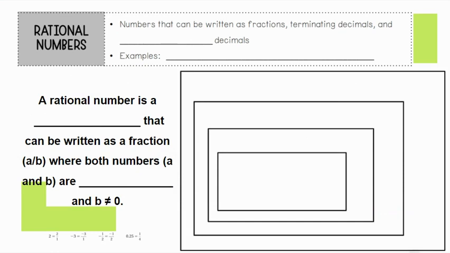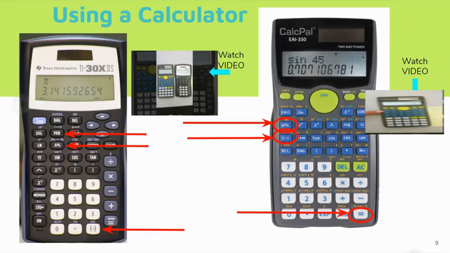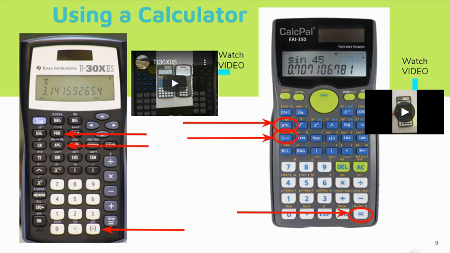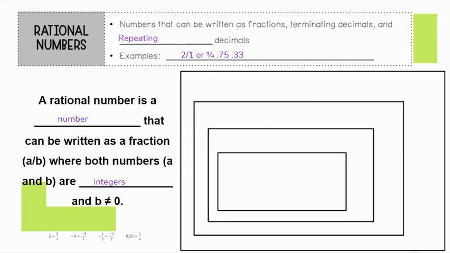Numbers that can be written as fractions, like you just saw, terminating decimals, and repeating decimals are examples of rational numbers. So a rational number is a number that can be written as a fraction, A over B, where both numbers A and B are integers.